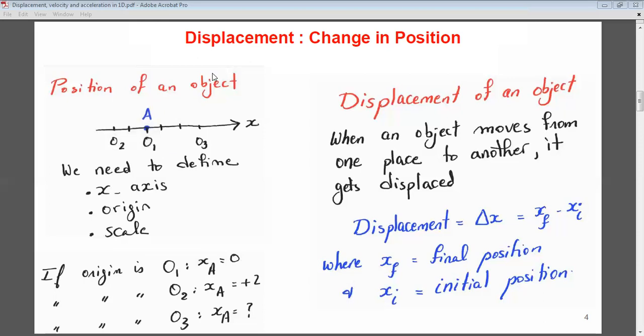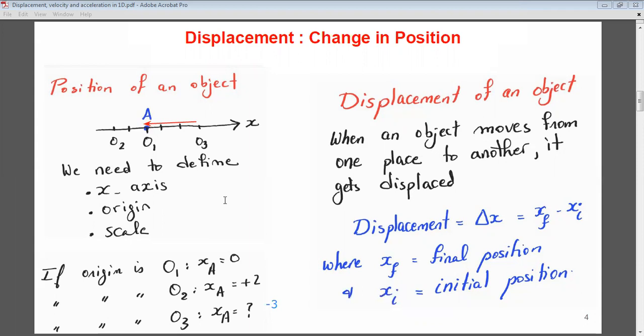However, if I take O3 to be my origin, then I find that point A is minus 3, because it's in the opposite direction to the x-axis. So it's minus 3. Now, this is about position.